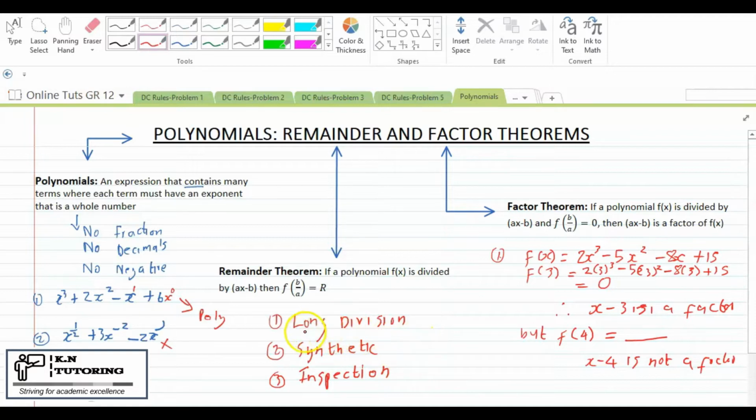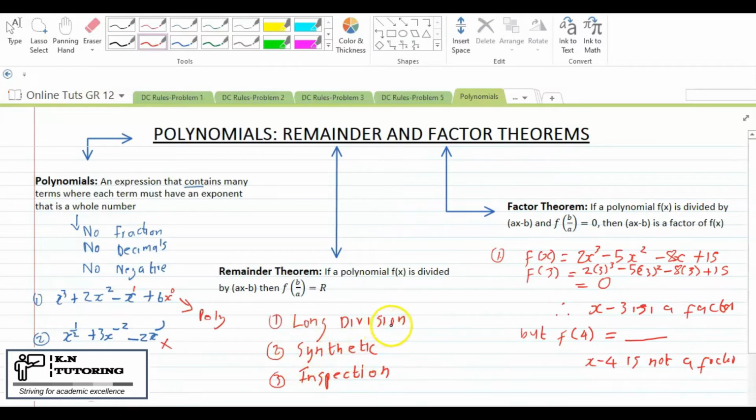As you can see, the first one is long division. It's long, basically. Synthetic is the easiest or the fastest one. And inspection, I will say it's in between. I personally prefer inspection and synthetic also.